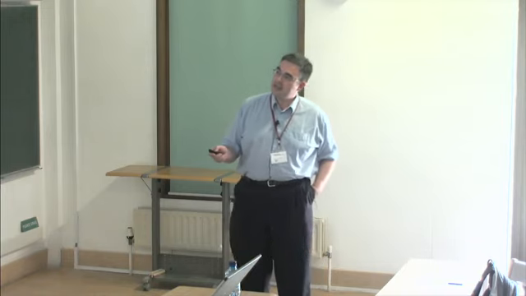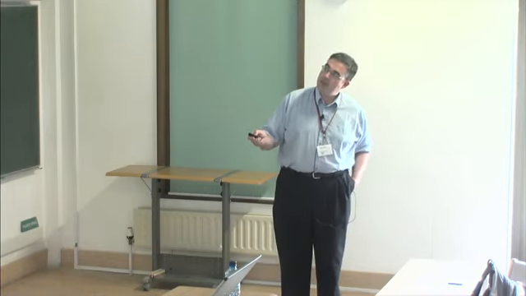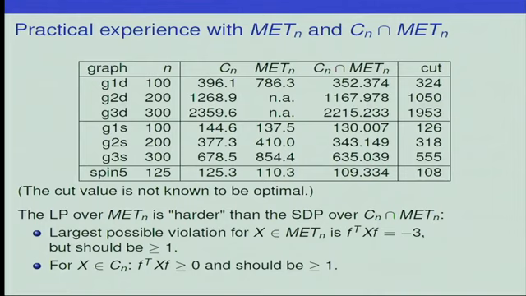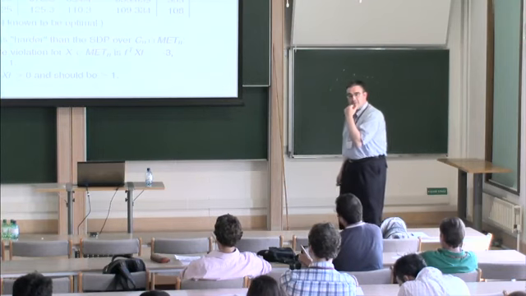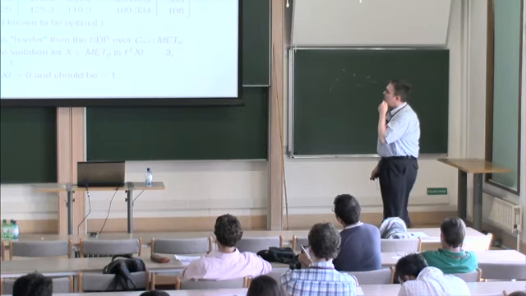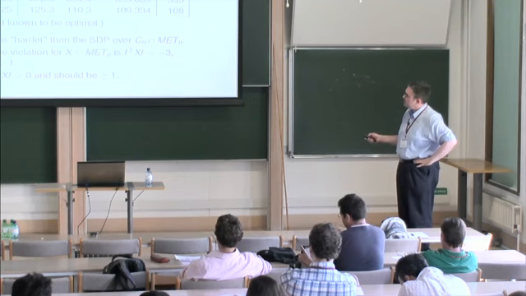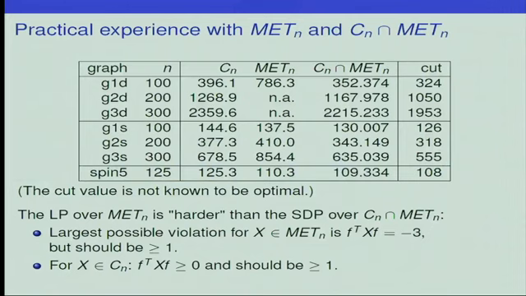One interesting message here is that optimizing just over the metric polytope, if you throw in all the inequalities and just try to solve the LP, because there's order n choose 3 of them, order n cubed of them, it's actually not an easy problem. This turns out to be an LP that gives a lot of difficulty to a solver. There's a lot of degeneracy happening.